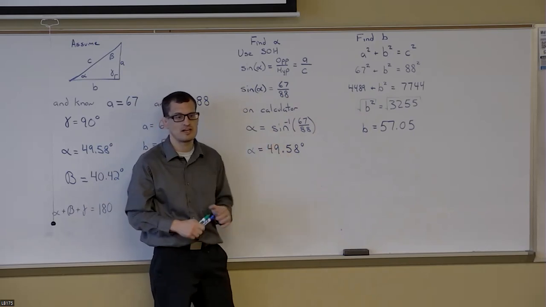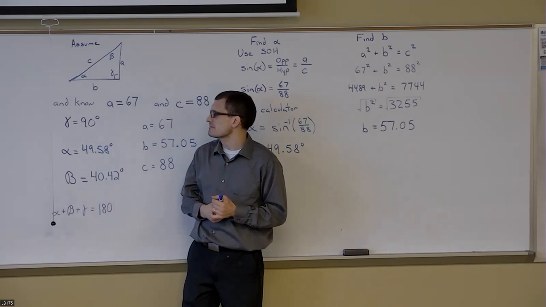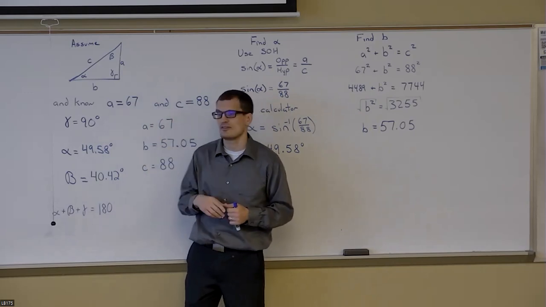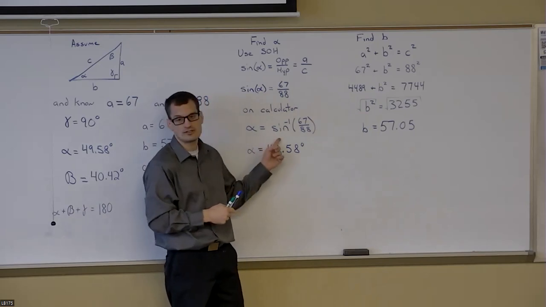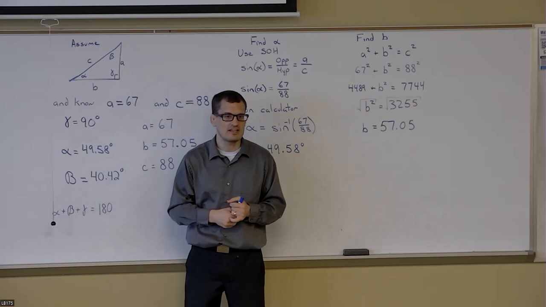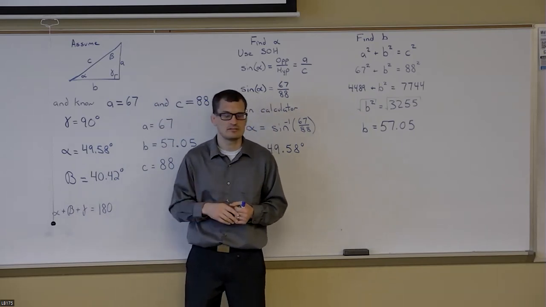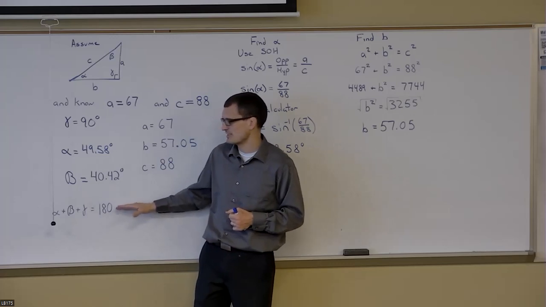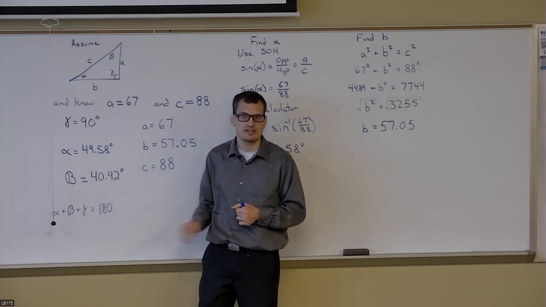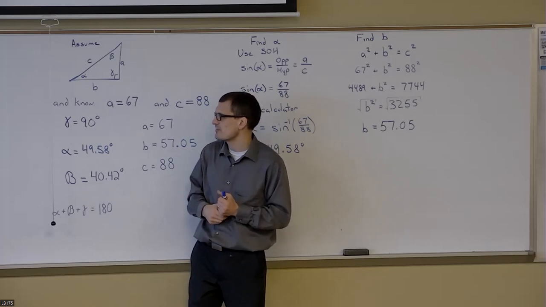All three of them will work fine. So if you're given two sides, you'll have to use the inverse function on your calculator. If you're given an angle and one side, then you can use SOHCAHTOA and the fact, we're always using the fact that the angles add up to 180 degrees. But that's about it. That's about the whole thing.